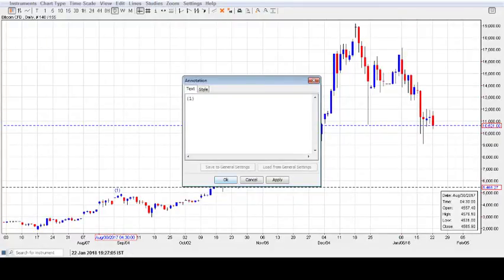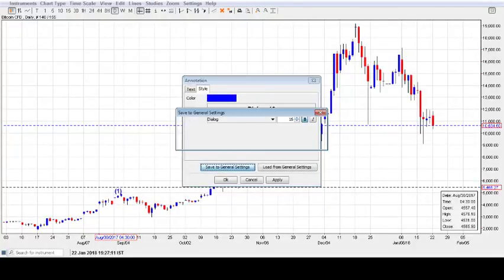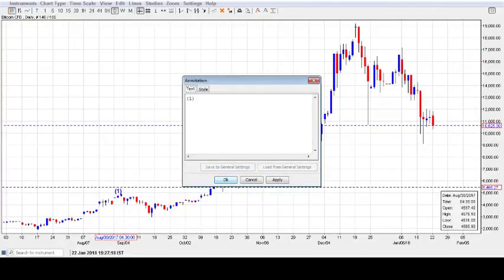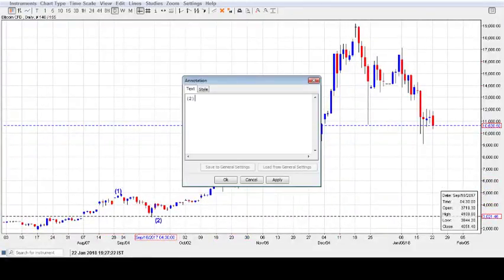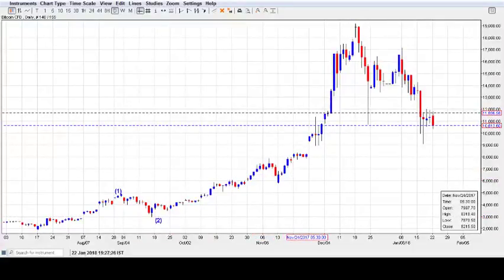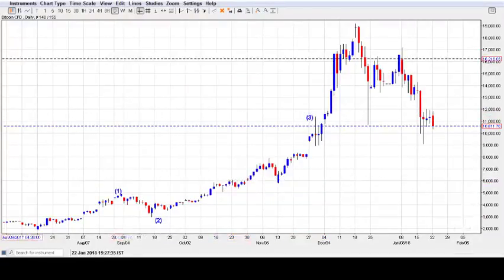Doing its first wave. Wave 2. Correct me if I'm wrong, sir. If the third wave termination point, let's take a Fibonacci extension.